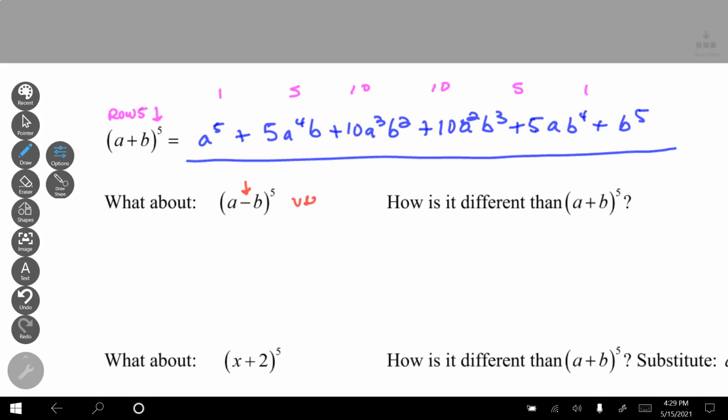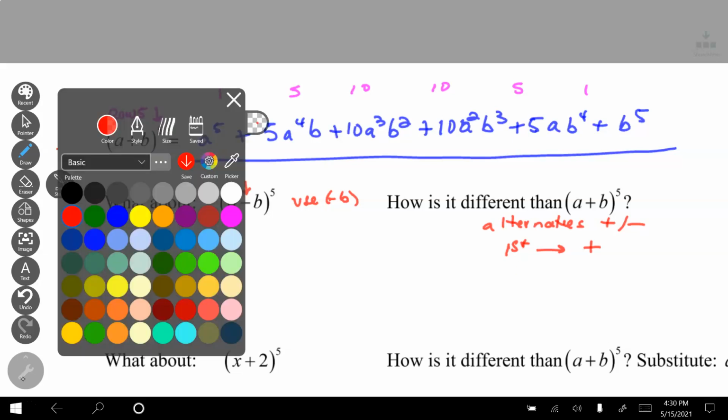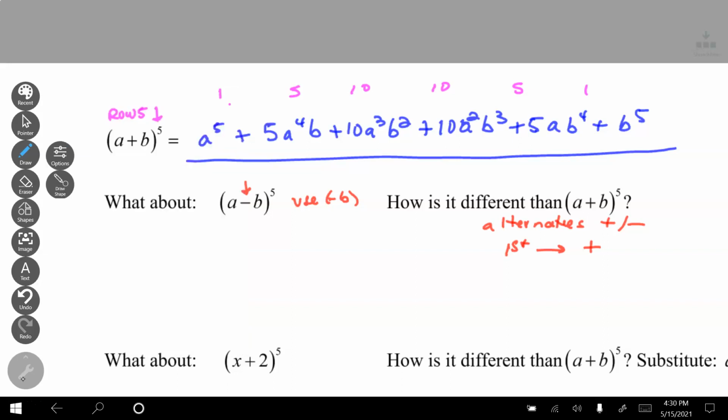Well, I'm going to use that negative b idea, and what really happens is it just alternates positive and negative signs. So the first term will be positive, and then we'll write this out, and we're going to see a nice little pattern. I'm going to take all this, and every other term I'm going to make negative. The first term is positive.